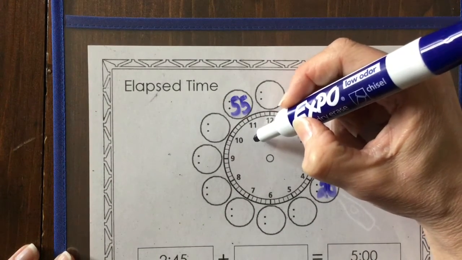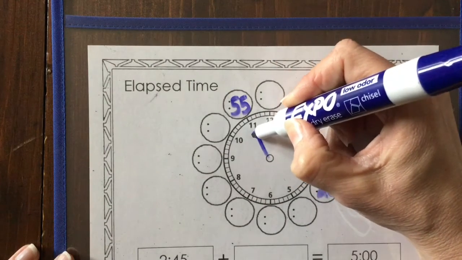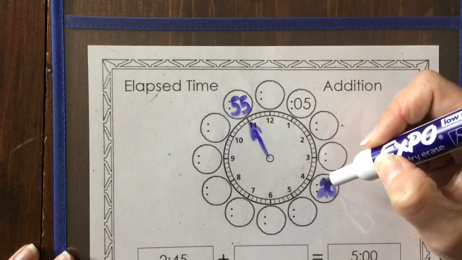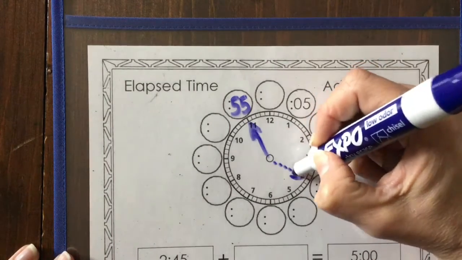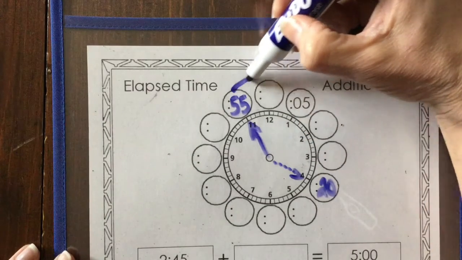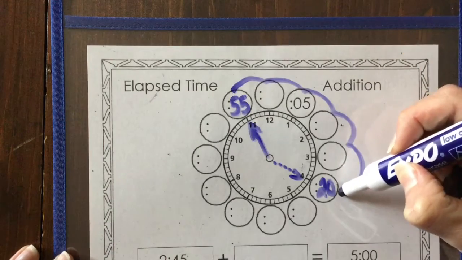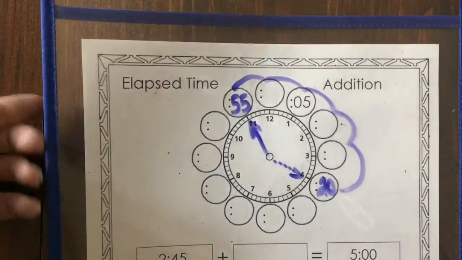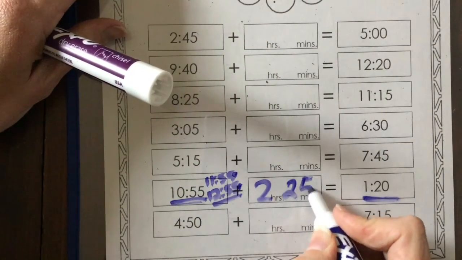So when I start at 12:55 to calculate the minutes, my minute hand is on the 11, and when I'm going to stop, it's going to be down here on the 4. So I can count by 5s. 5, 10, 15, 20, 25. So my total elapsed time was 2 hours and 25 minutes.